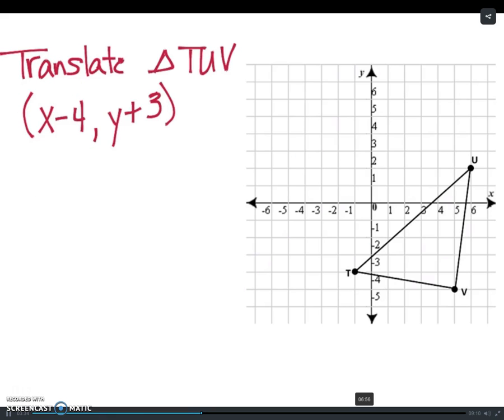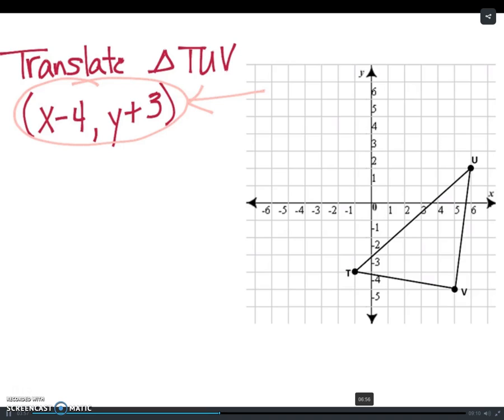The next way that our instructions might be given would be in a nice little formula in the form of an ordered pair. So in this case, they have told us that we have x minus 4 and y plus 3. So that's saying for every x coordinate, we have to subtract 4 to get our new x coordinate. And for every y coordinate, we have to add 3 to get our new y coordinate.